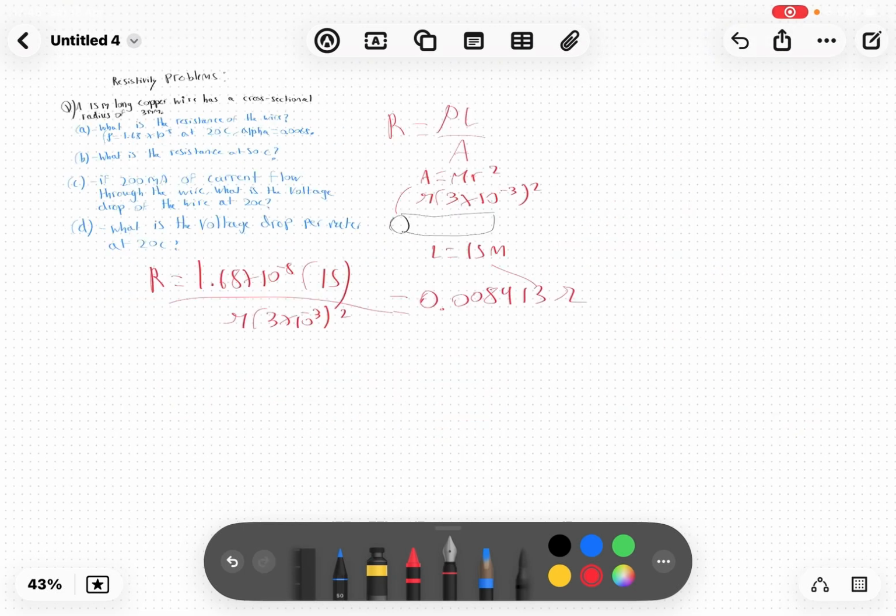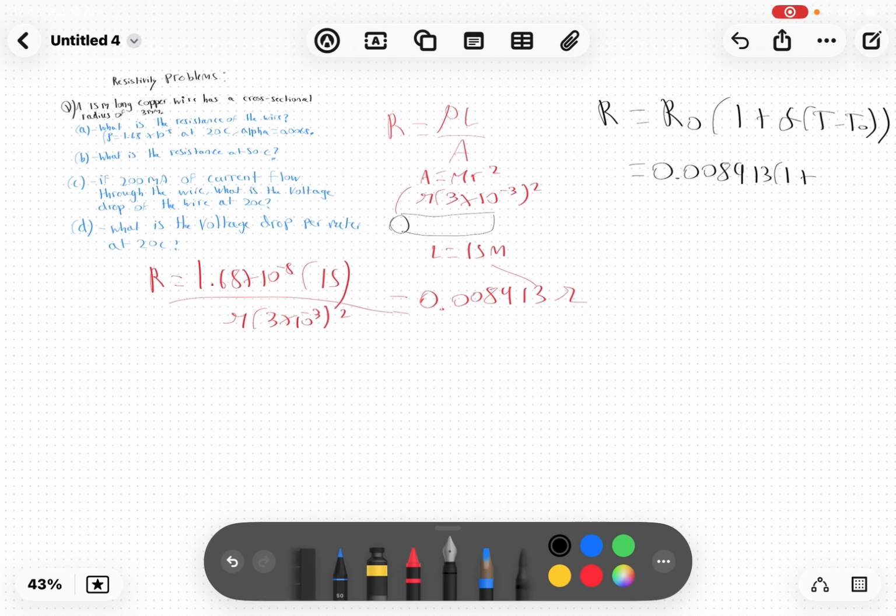The way we find the new resistance at a different temperature is R equals the previous R, so R0, times bracket 1 plus alpha times T minus T0, the original temperature. So we have the resistance at 20, which is 0.008913, and then we do the 1 plus the alpha.